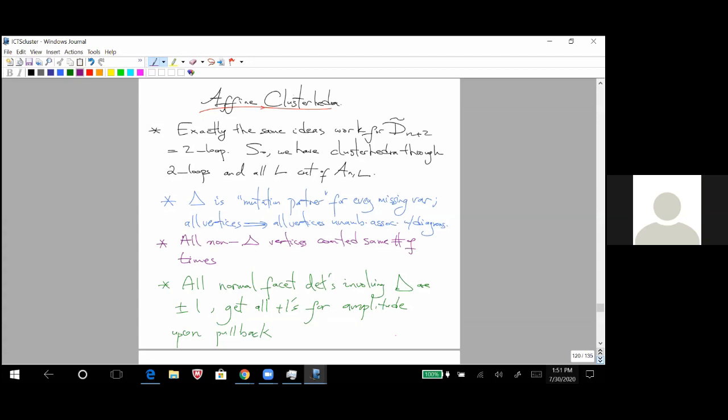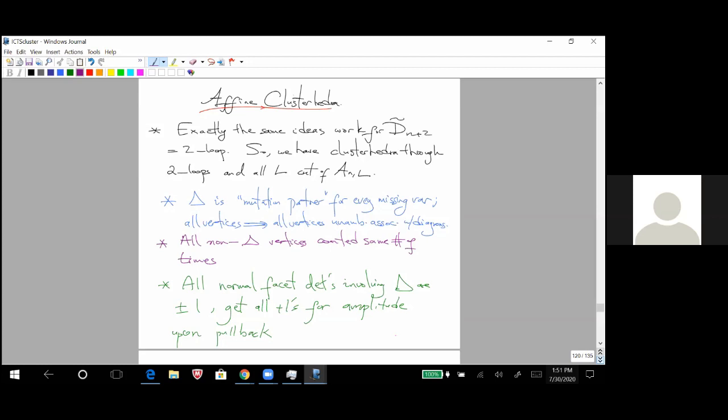In all these examples, delta is the mutation partner for every missing variable. This means that every vertex, including the vertices on delta, you can unambiguously associate with a diagram. It's just that delta would be a different variable in different diagrams. Delta is the missing mutation partner for anyone. So all the vertices can be unambiguously associated with diagrams.